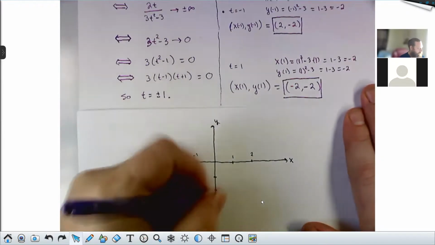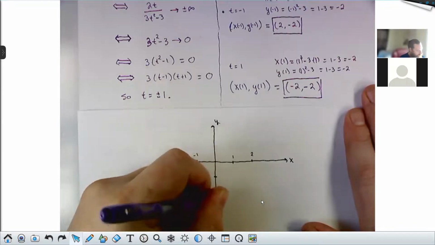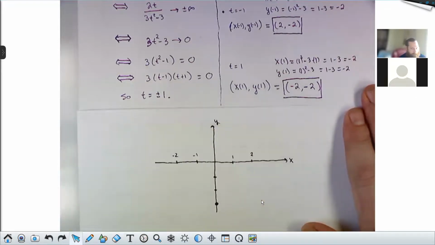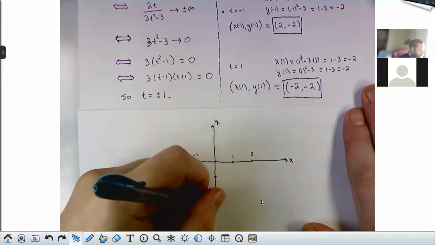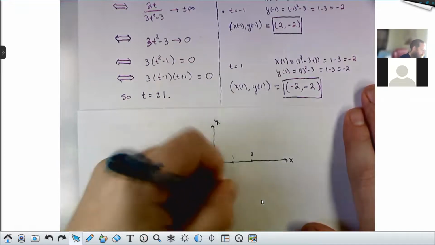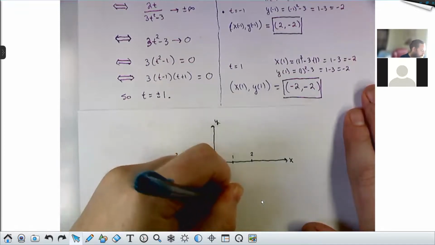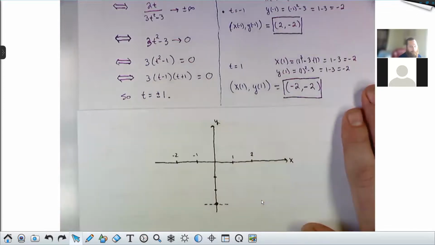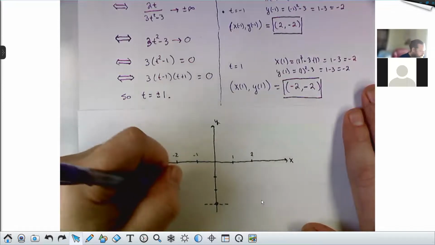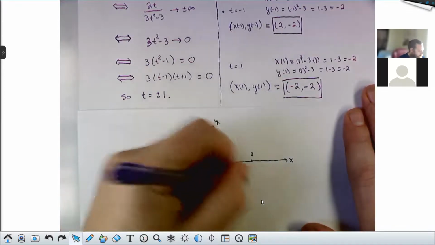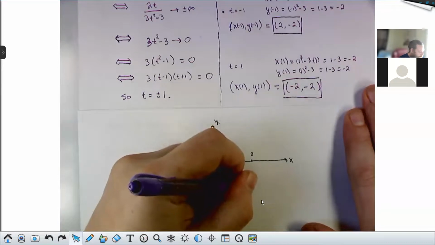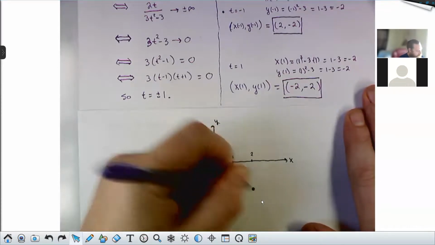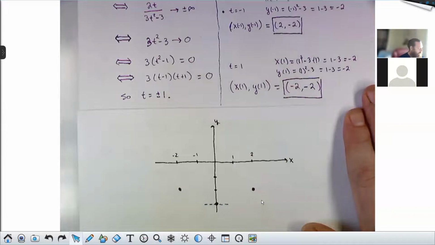That was my horizontal tangent. And -2, -2. +2, -2. These were my vertical tangents.